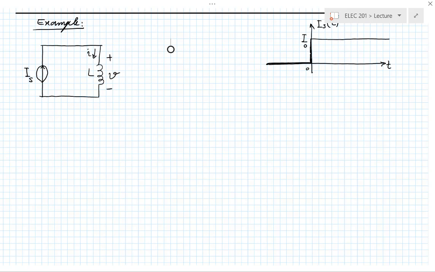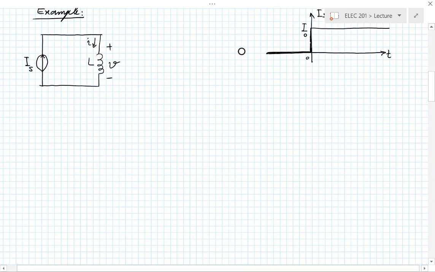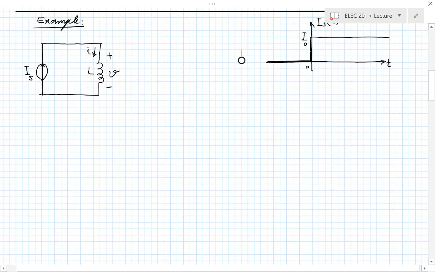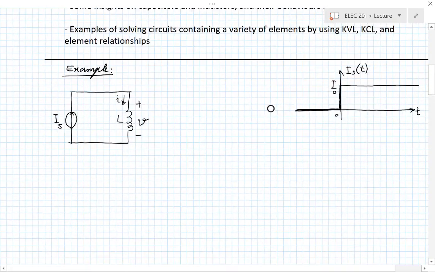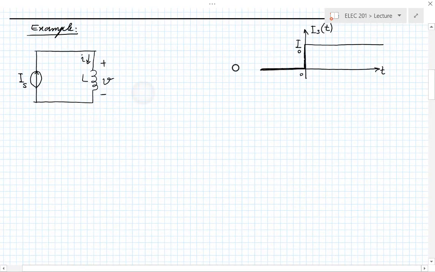No different from anything else we've been talking about so far, KVL, KCL, element relationships. So can you guys take a minute to do it on your own? So the question is, what is V of t? For all time.